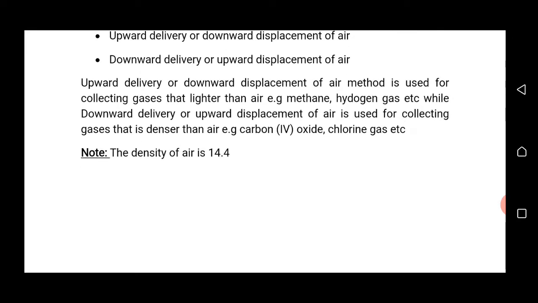Upward delivery or downward displacement of air is used for collecting gases that are lighter than air. Any gases lighter than air can be collected through upward delivery or downward displacement of air, for example methane, hydrogen gas, helium gas. When they are prepared in the laboratory, they are collected by this method.